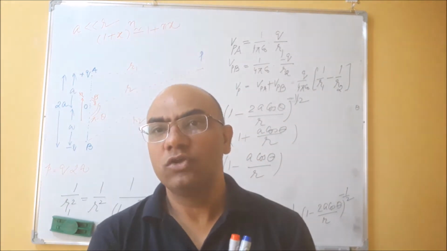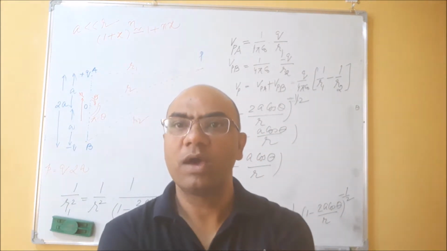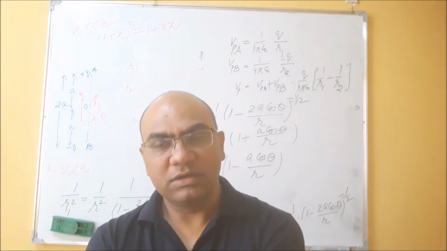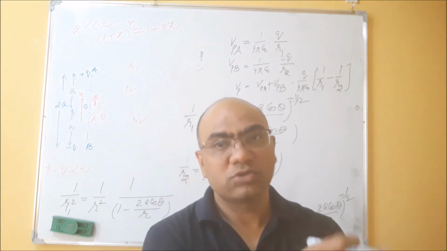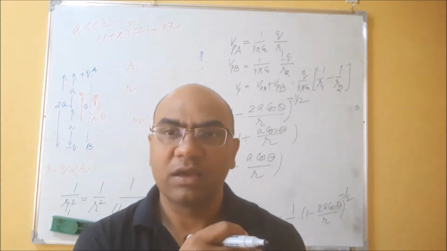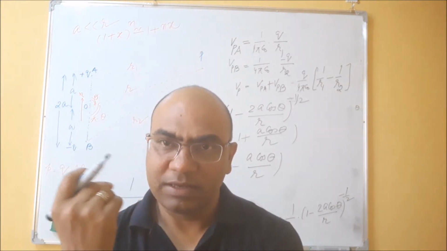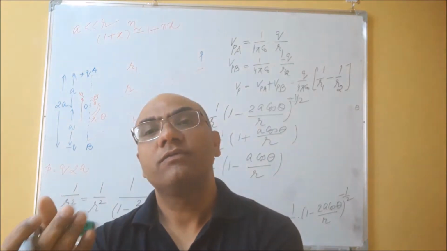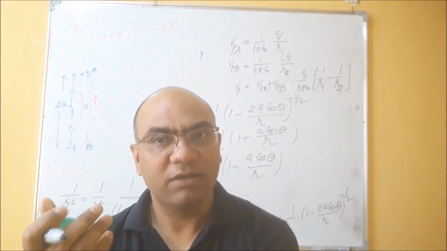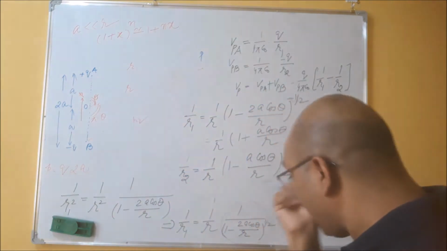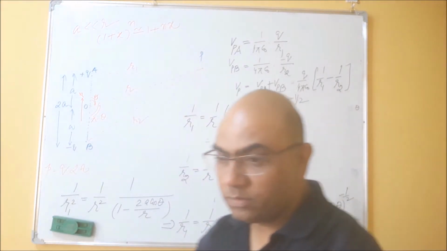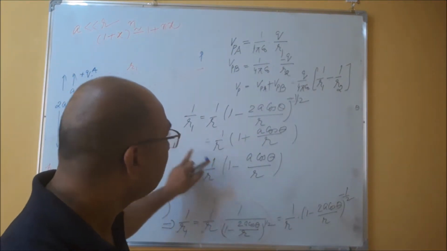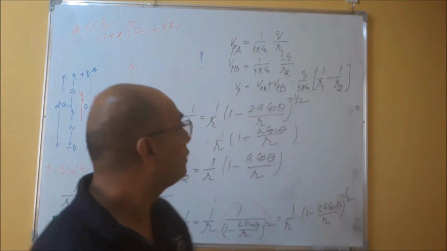You will first take r2 squared, then take the inverse of 1 upon r2 squared, take r square common, neglect the term a square upon r square, and then take the binomial expansion. Finally you will get this expression. Okay, so now you have the expression of 1 upon r1 and 1 upon r2.